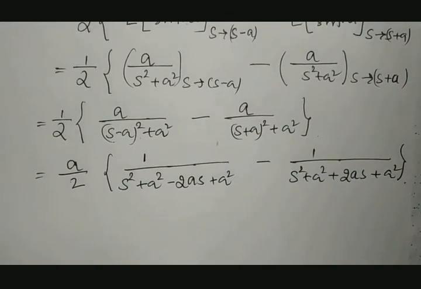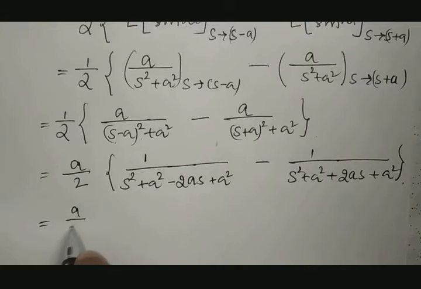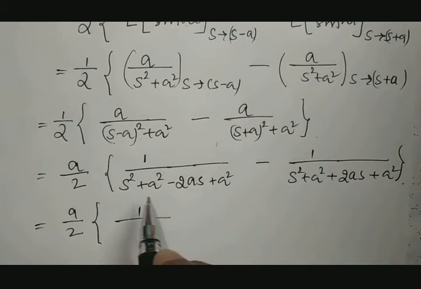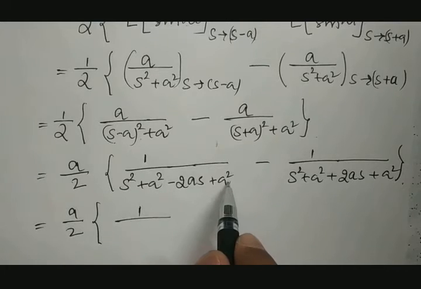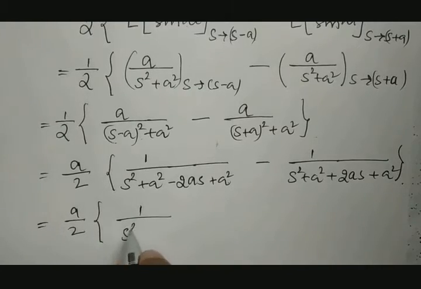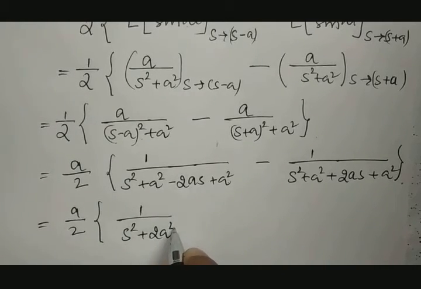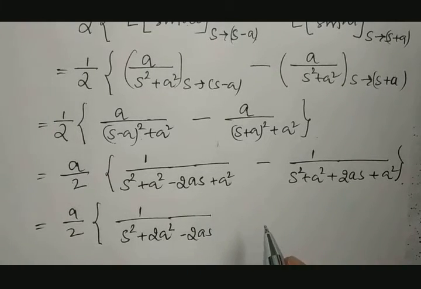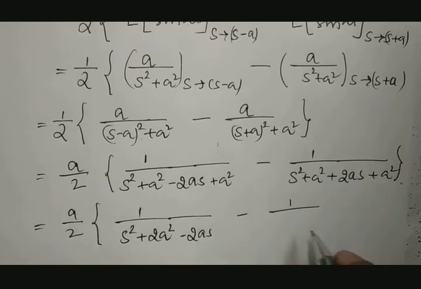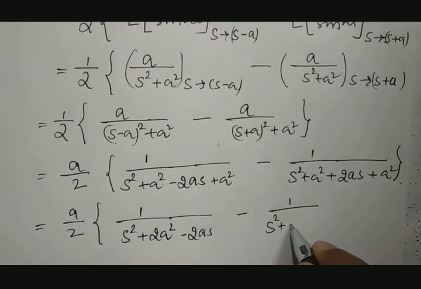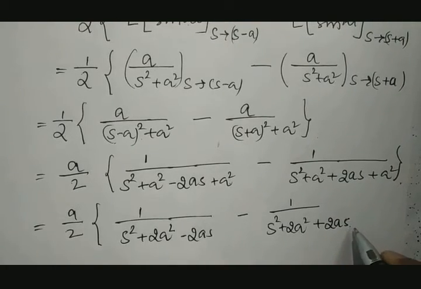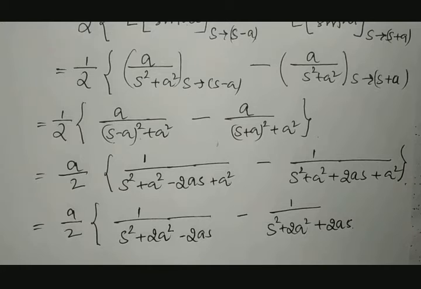So this is equal to a divided by 2 into 1 divided by, a square plus a square will be 2a square, so it becomes s square plus 2a square minus 2as, minus 1 divided by s square plus 2a square plus 2as.